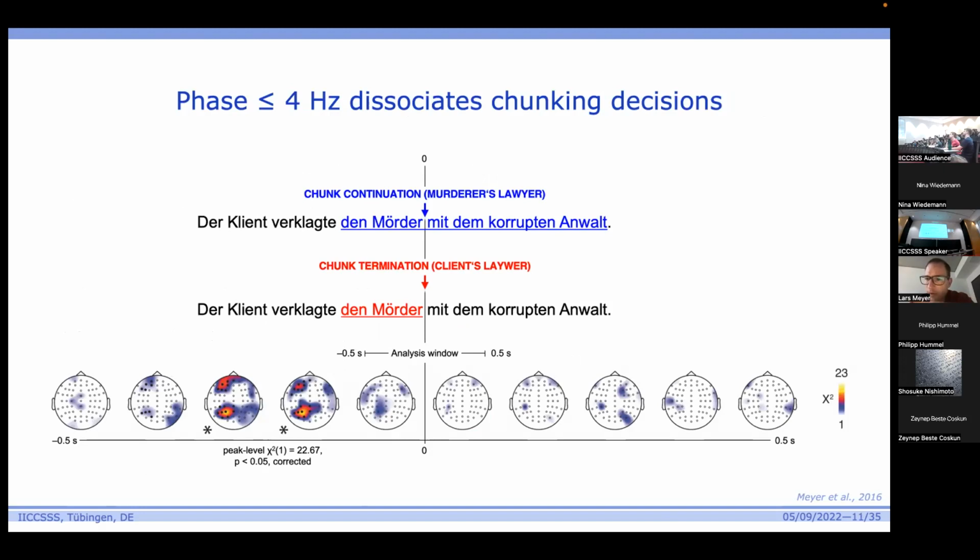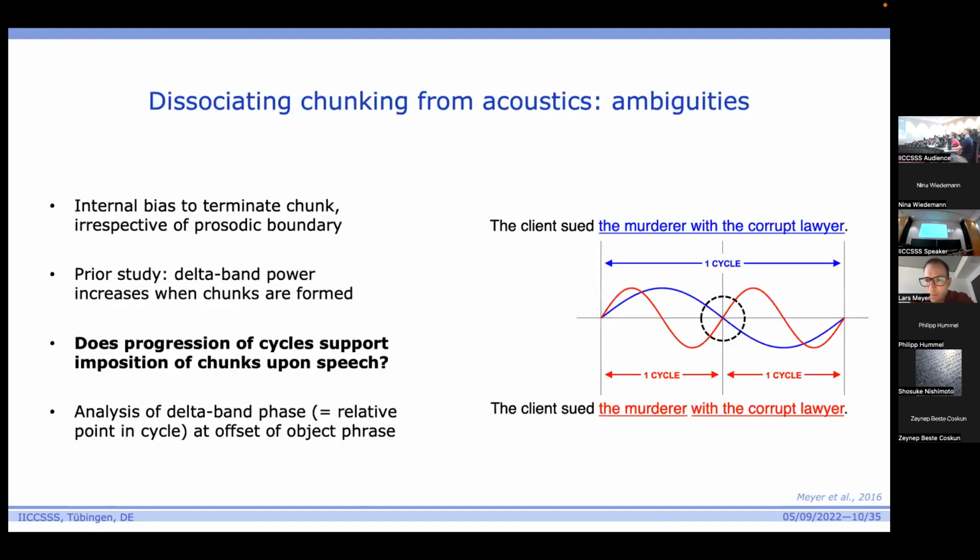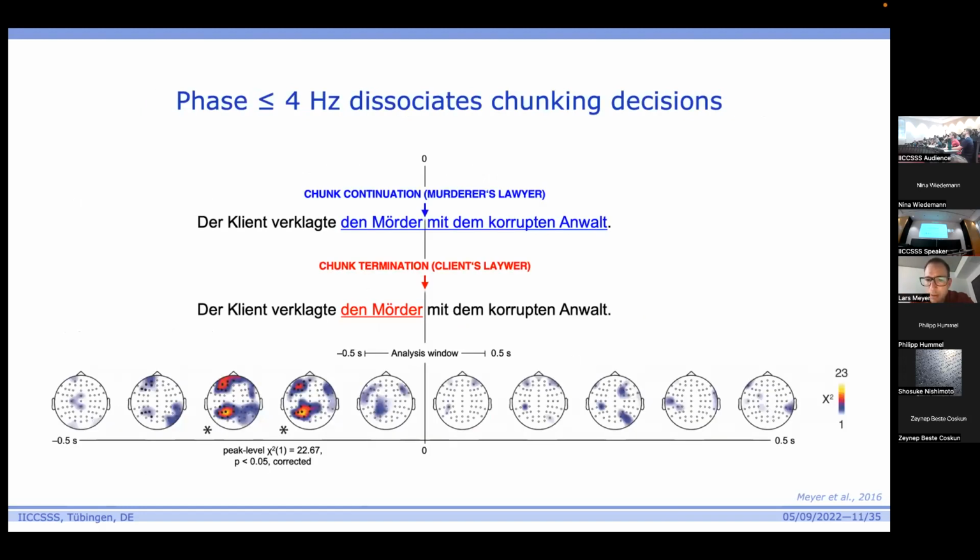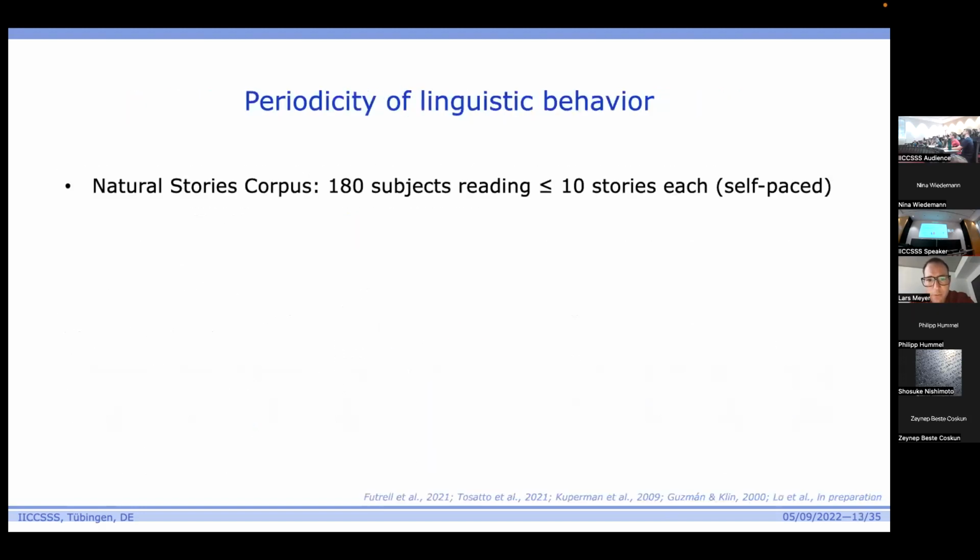And with the button press, you destroy the clean data, because it triggers a large motor evoked potential. So you cannot then analyze the slow frequency data anymore. So we have to keep the EEG data clean of the response. In self-paced reading, you get a response for each word.